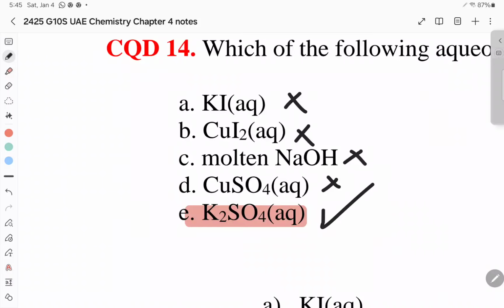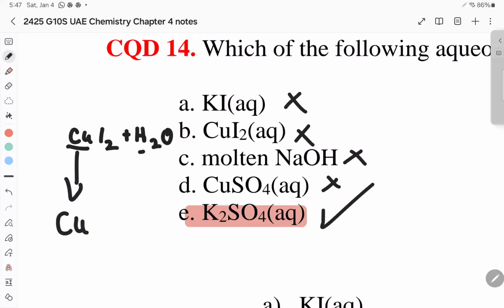Now, moving on to the next one. So our second one, CuI2 with H2O, which is H plus and OH minus. Here you have the Cu and the H plus first. We know Cu has a higher tendency, so Cu is going to win and move on to become copper.